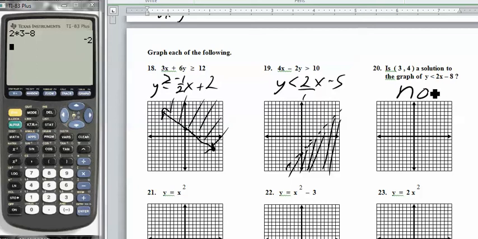We could graph it. We'd go minus 8, 1, 2, 3, 4, 5, 6, 7, 8, up 2 over 1, dotted line. y is less than the line, so it's below. And then 3, 4 is up here, so it is not a solution again.